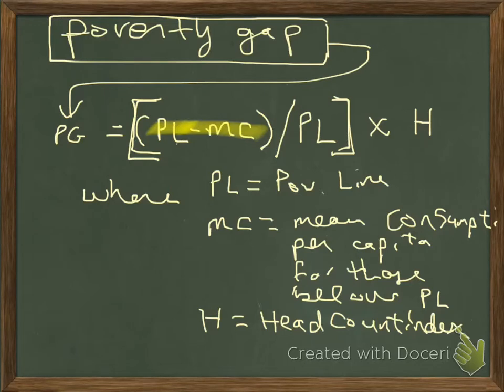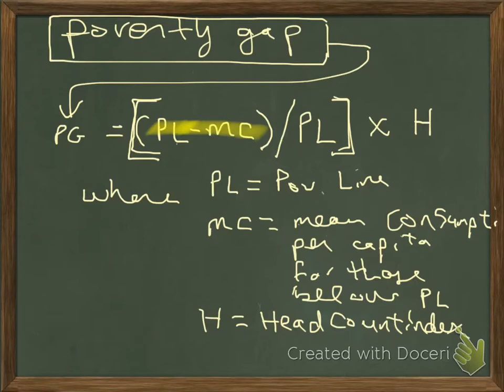So $1.25 minus 75 cents is 50 cents, right? Then you divide that by $1.25, and then you can find out what the average person is earning as a percentage of poverty. And then multiply that times the head count index. And that's called the poverty gap.